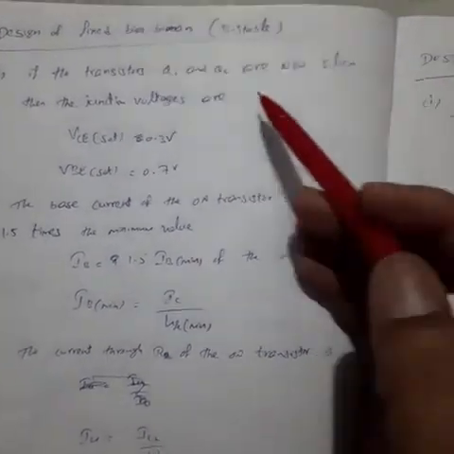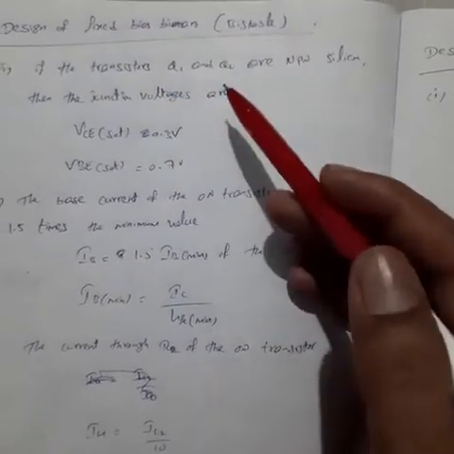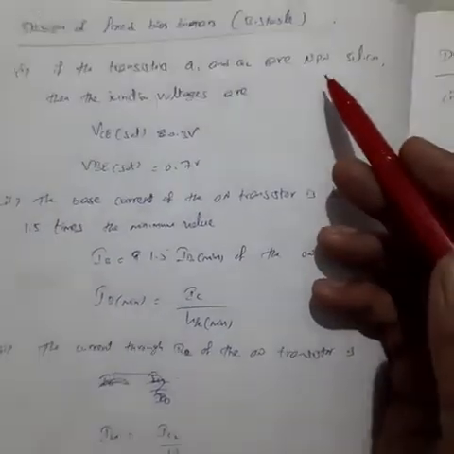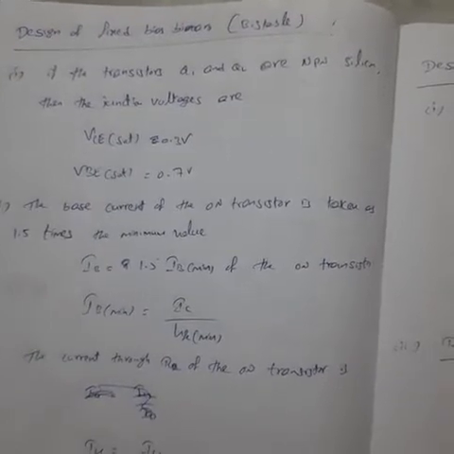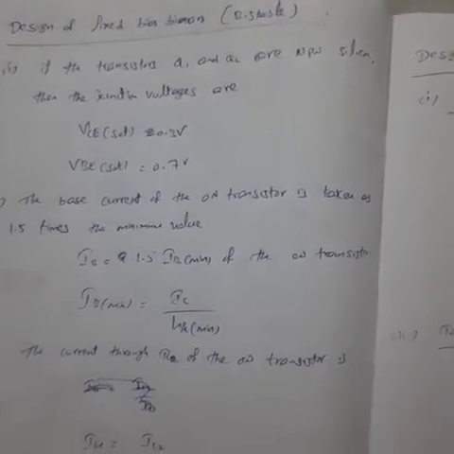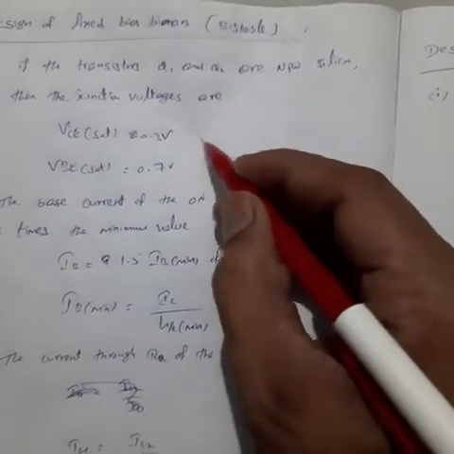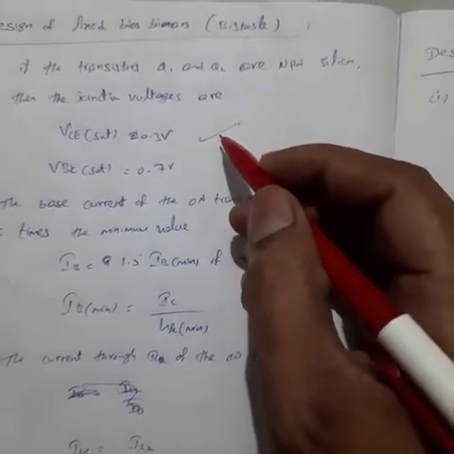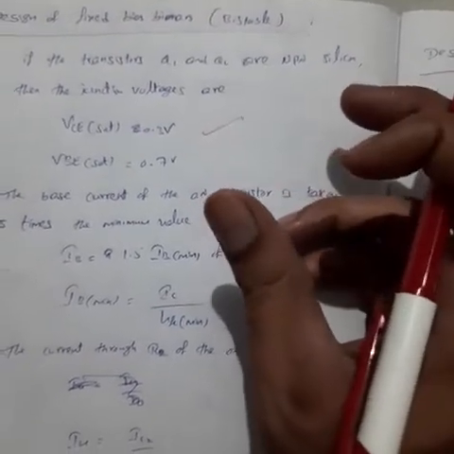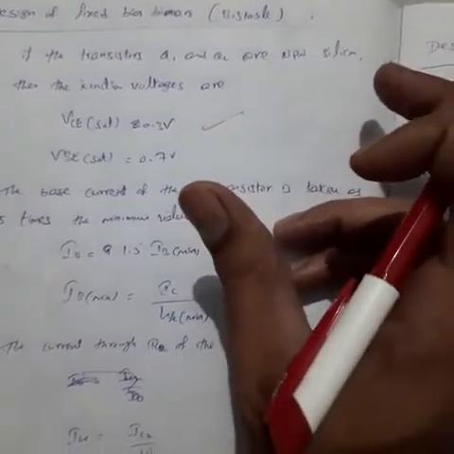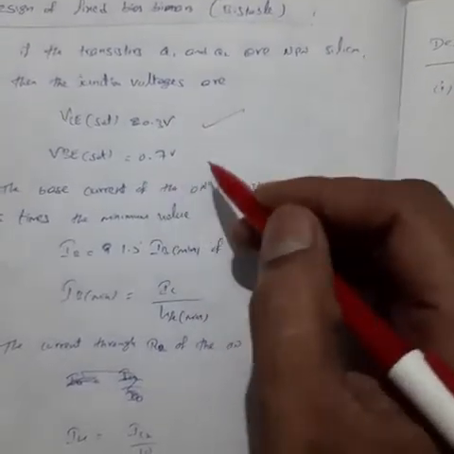First of all, check if the transistors Q1 and Q2 are NPN. We are assuming that these are NPN silicon transistors. For a silicon transistor, VCE saturation equal to 0.3 volts. For the ideal case, VCE saturation equal to 0 and VBE saturation also 0.